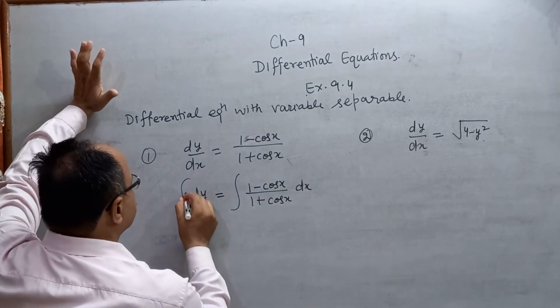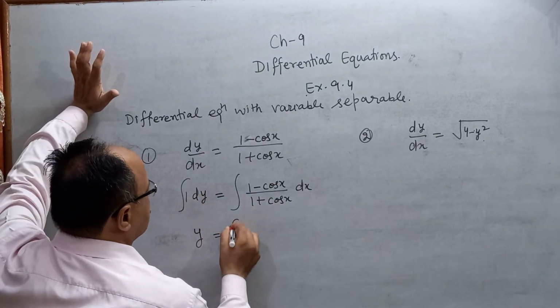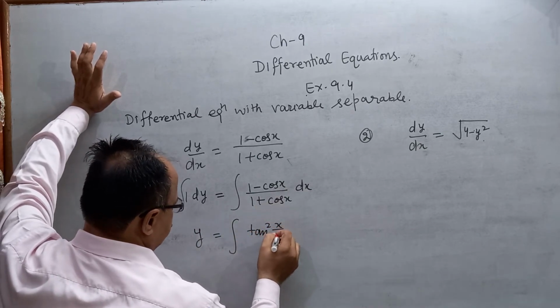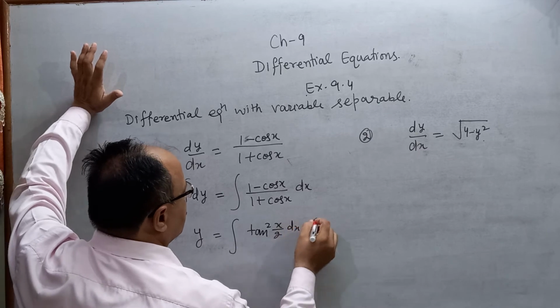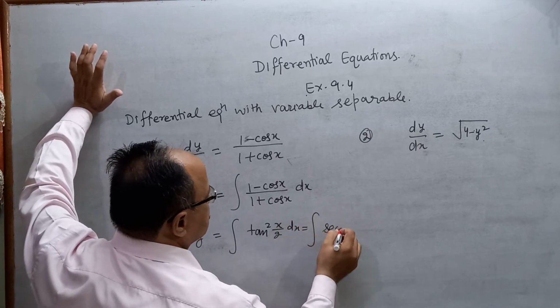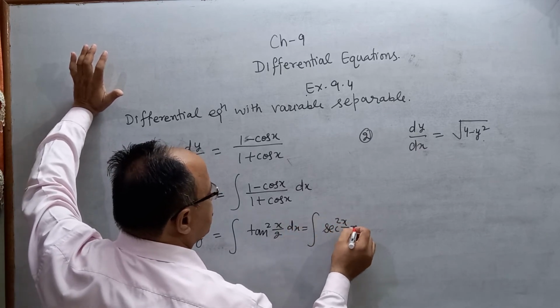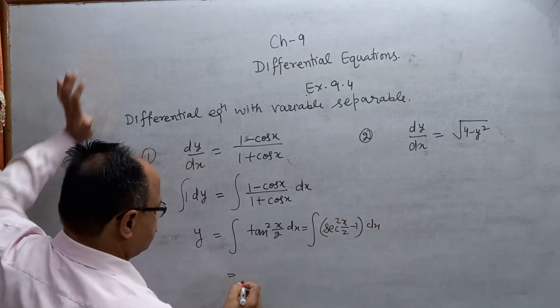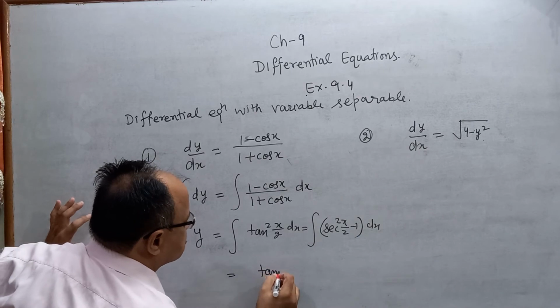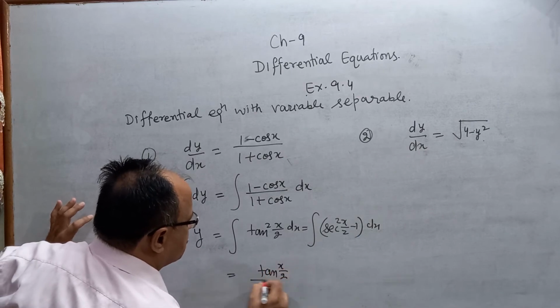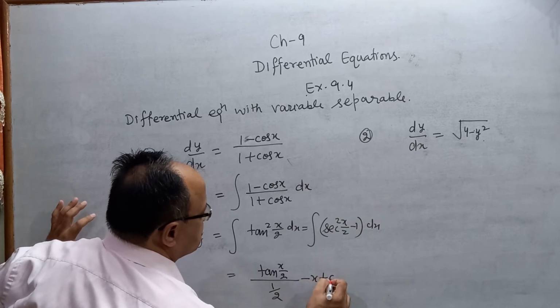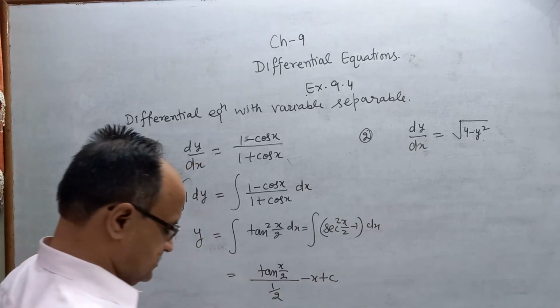The integration of 1 is y. And this is the formula: (1 minus cos x) upon (1 plus cos x) is tan square x by 2, and the integration of tan square x by 2, using the formula sec square x by 2 minus 1, is tan x by 2 into the derivative of x by 2, which is 1 by 2, minus x plus c. That is the answer.